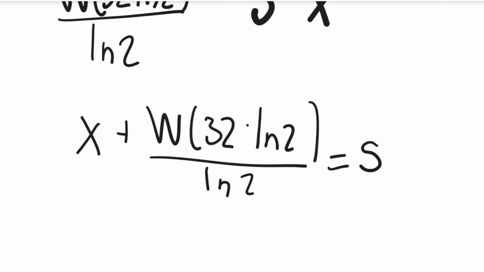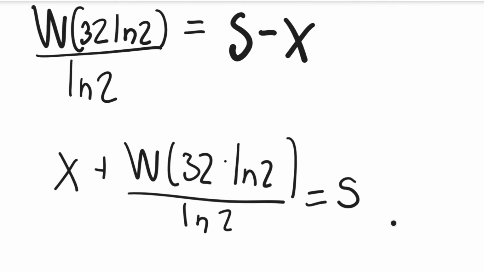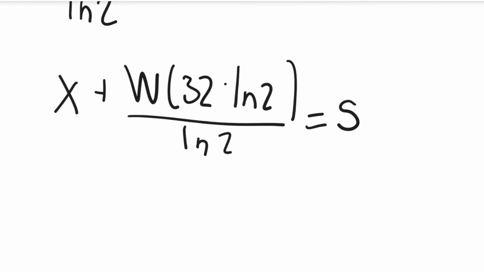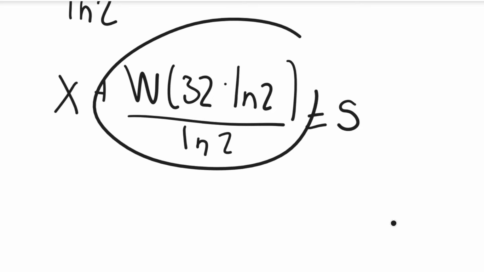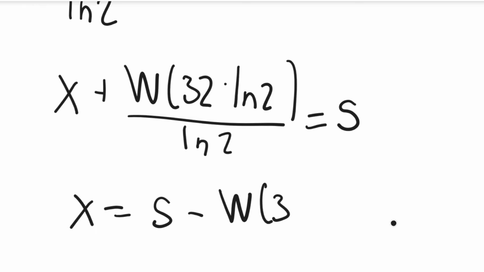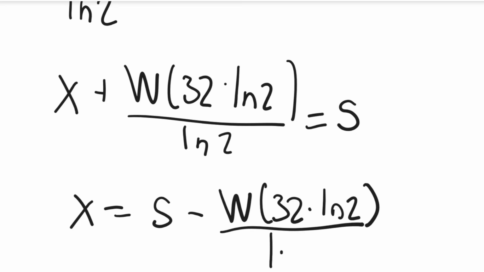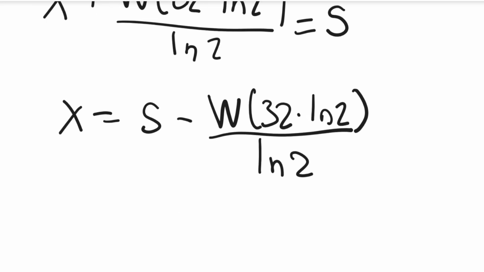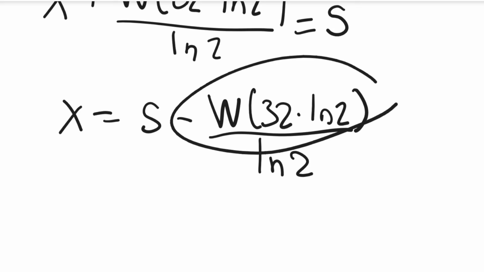And this was only to make x positive, but now we are going to subtract this from both sides of the equation. So x is equal to 5 minus omega of 32 times natural logarithm of 2 divided by natural logarithm of 2. But now we have to know what this is.